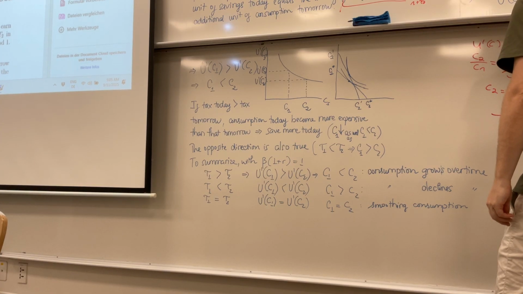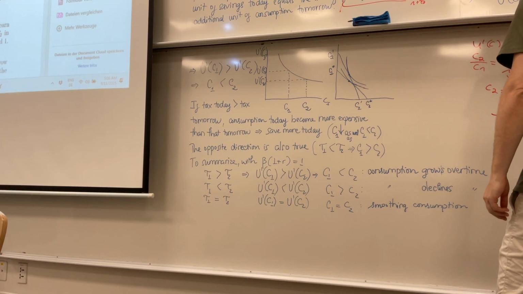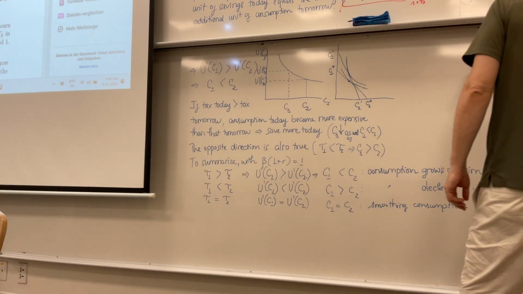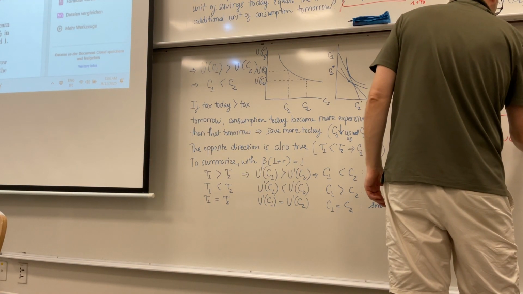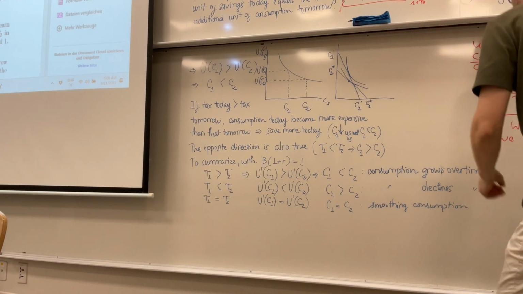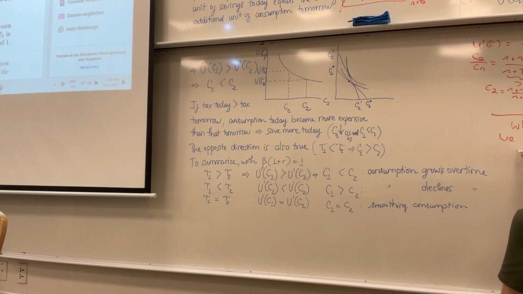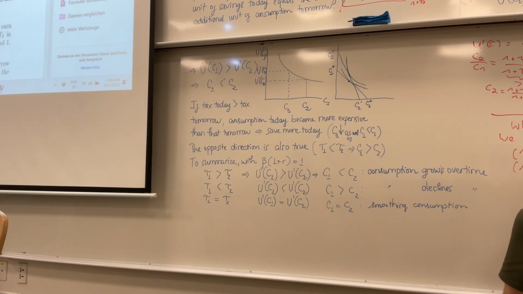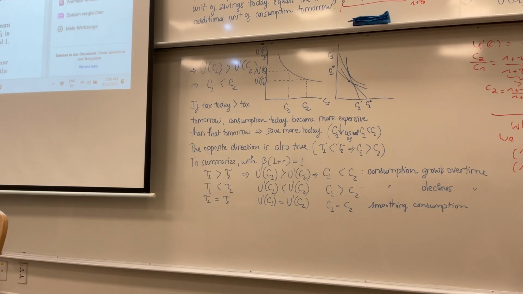What if instead of C, we tax Y? So we get income (1 minus tau 1) Y1, (1 minus tau 2) Y2.